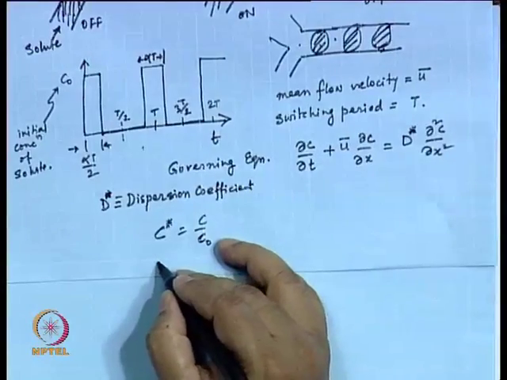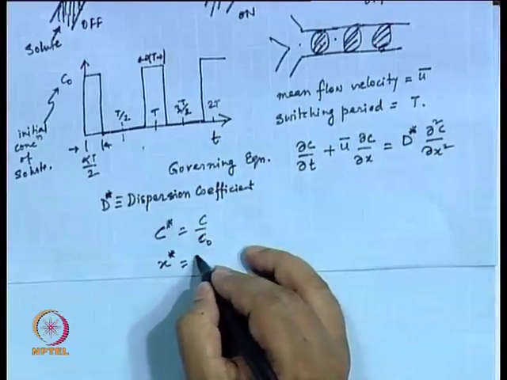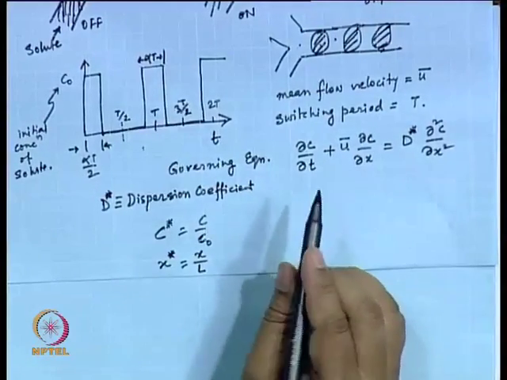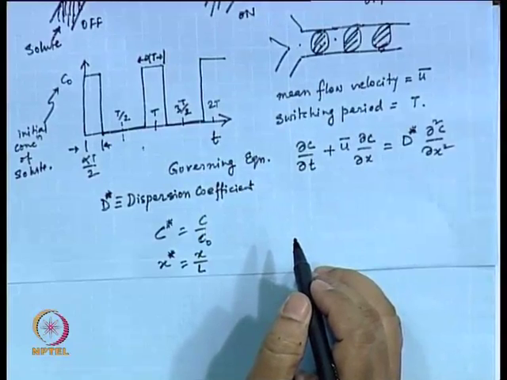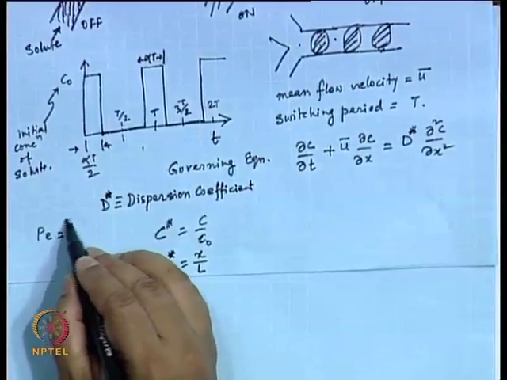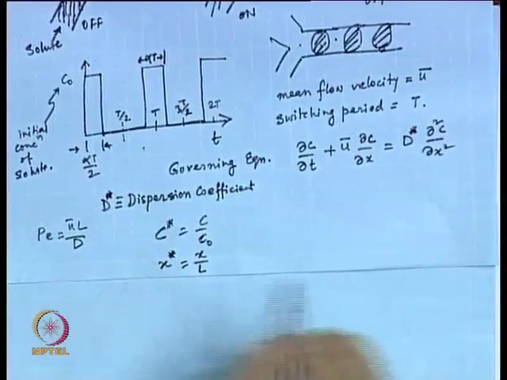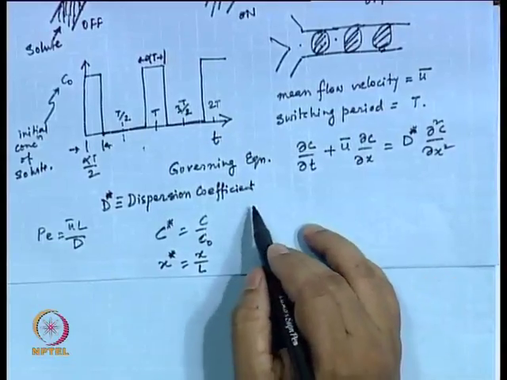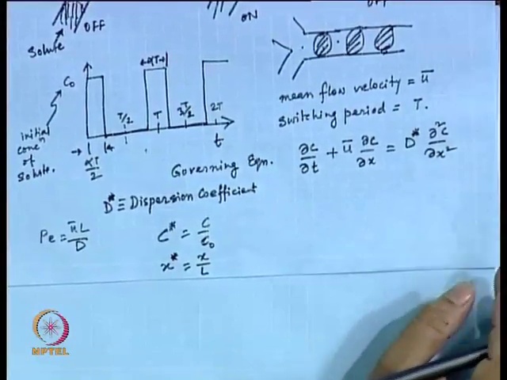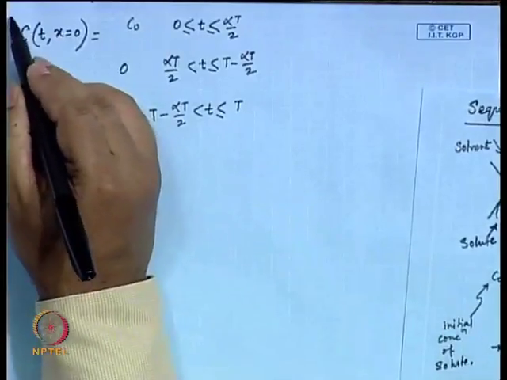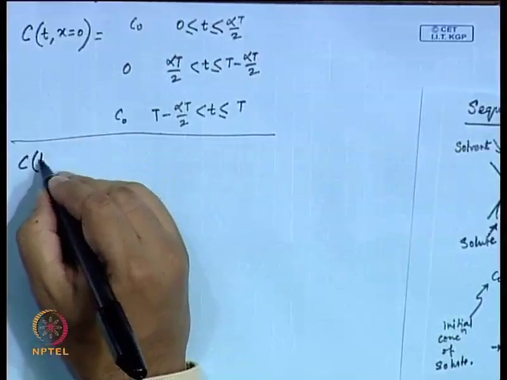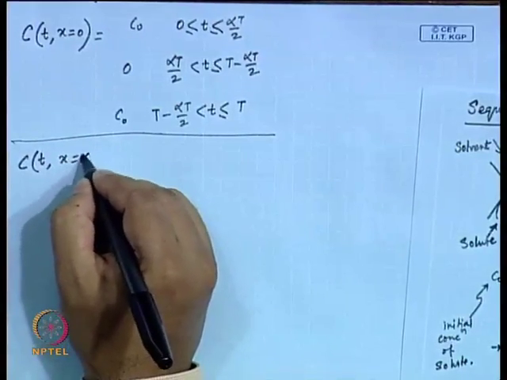Similarly, you can write x star, which is nothing but x divided by L, and the Peclet number is equal to u bar L divided by D. In that case, you would be writing this governing equation. Okay, there is another boundary condition. This is the initial condition you have for the concentration. There would be another condition which is applicable for all time, x equal to infinity.